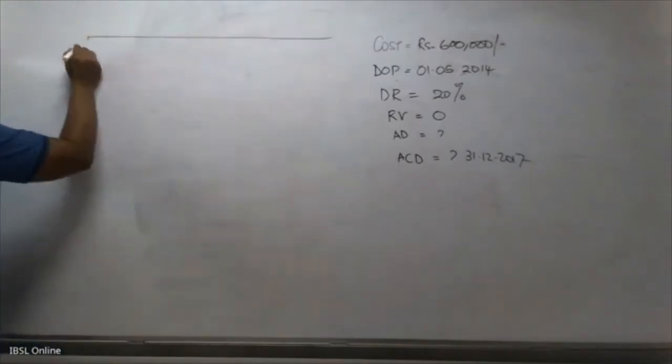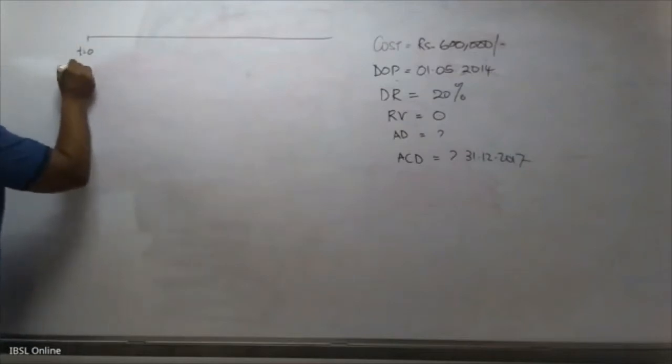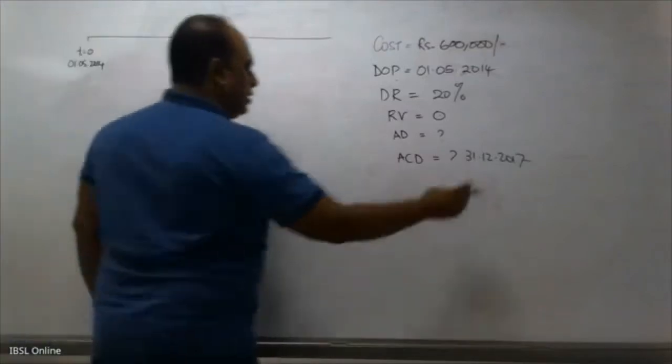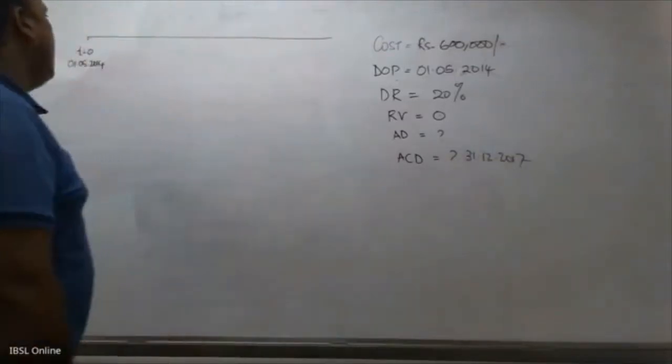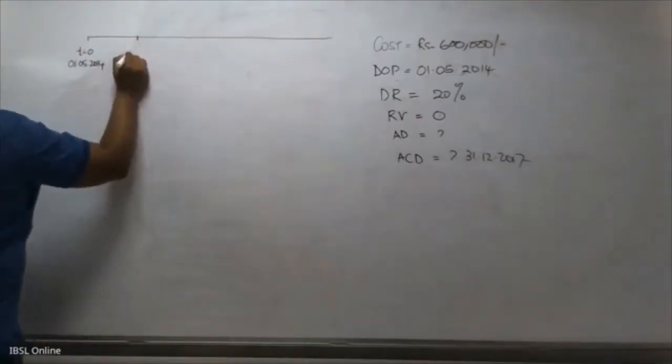So the time is 0 when the asset is purchased, which is 1/5/2014. And the question talks about 31st December 2017, which means the company's financial year closes on 31st December of every year.